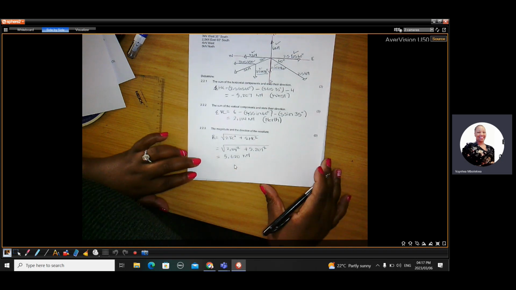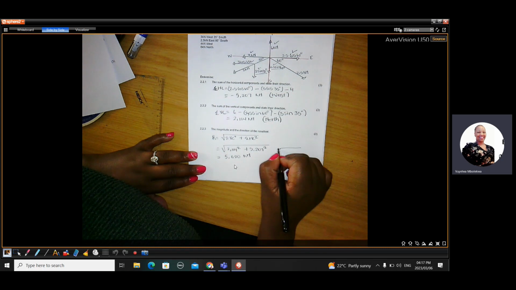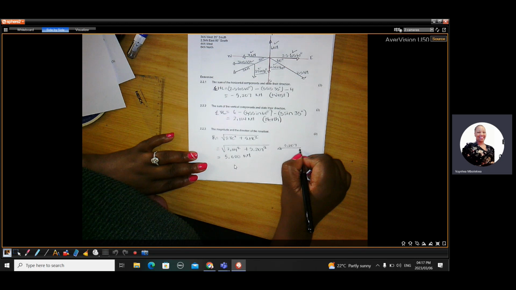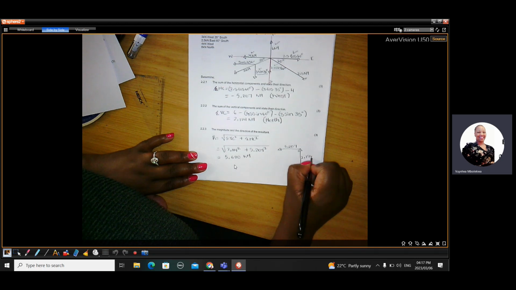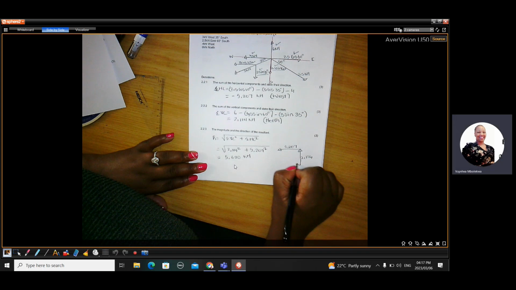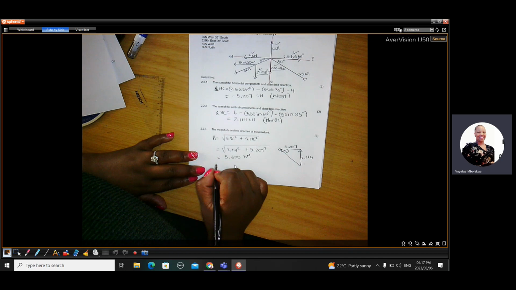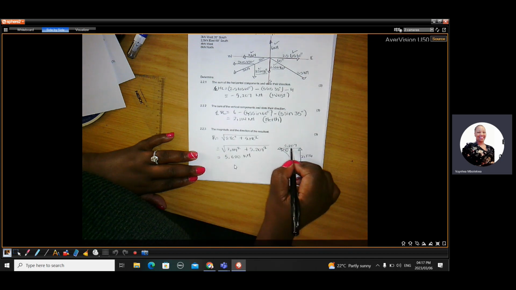Then the angle, if you were to sketch this, the horizontal component goes west, 5.207. The vertical component goes north, so you make them follow each other like that, 2.114. Then this is the angle you are looking for. So that angle will be tan theta equals opposite over adjacent.